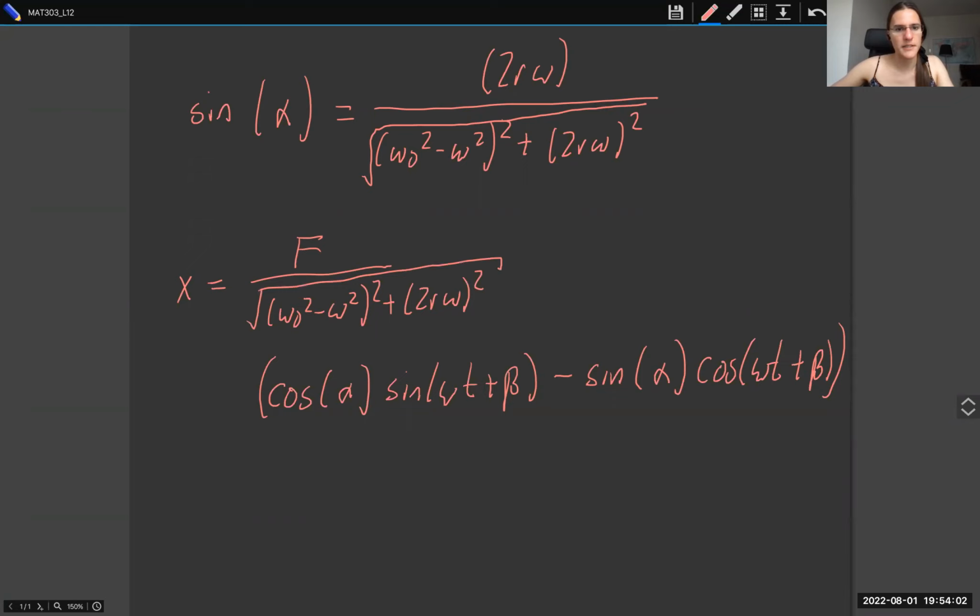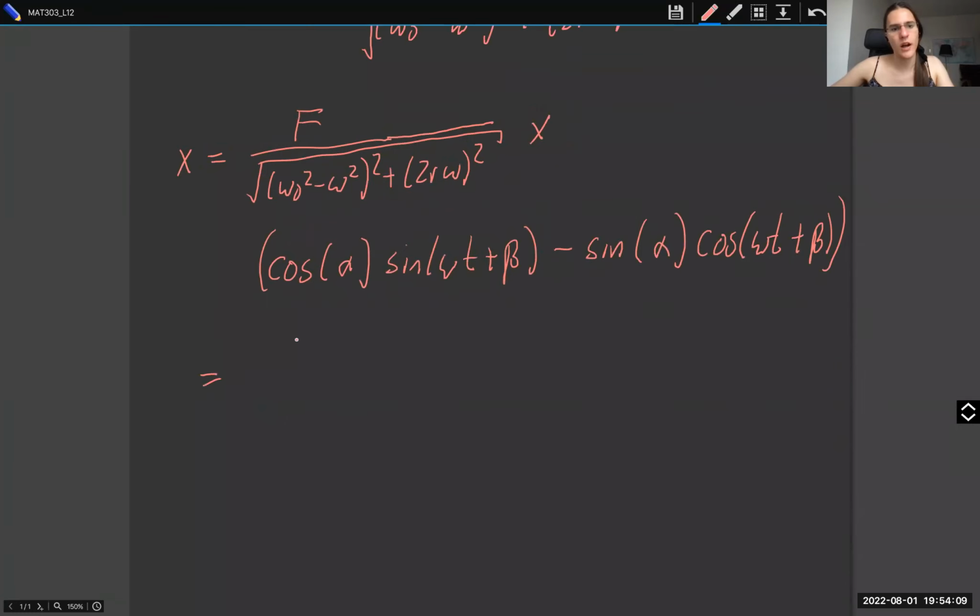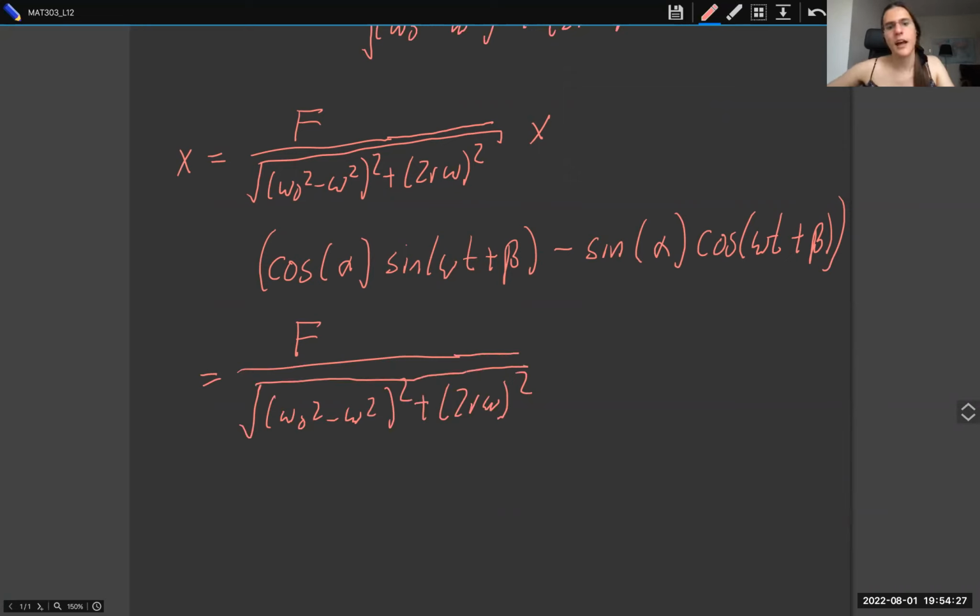Yeah, okay, that's what it is. This expression is equal to F over the square root of omega naught squared minus omega squared plus 2r omega squared, times sine of omega t plus beta minus alpha.